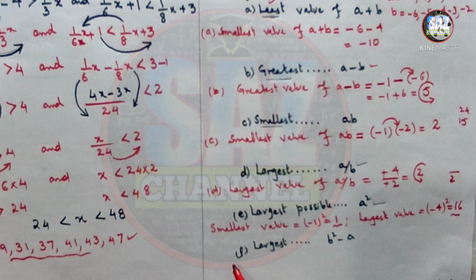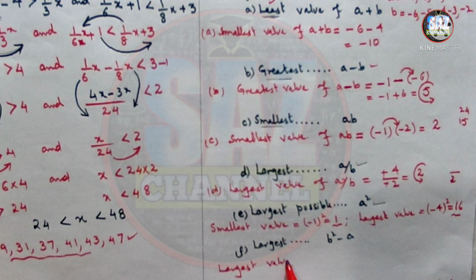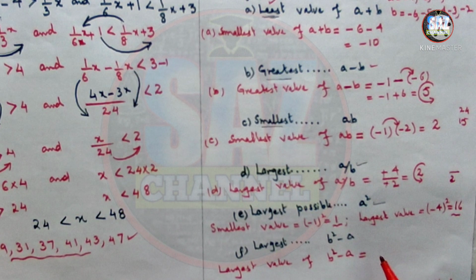And the next part of the question is the largest value of B square minus A. Now look, we need to take the square of B and then subtract A. Whenever I take the square of a number, whether positive or negative, it will become positive.